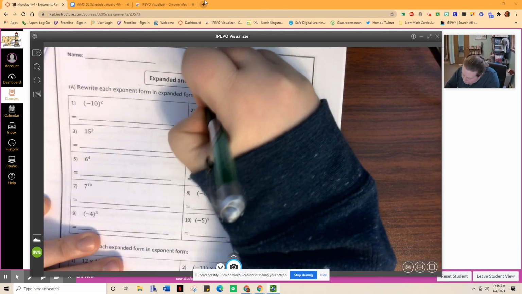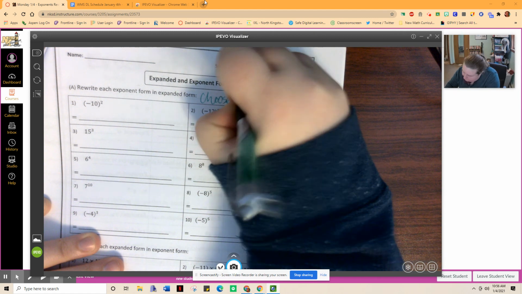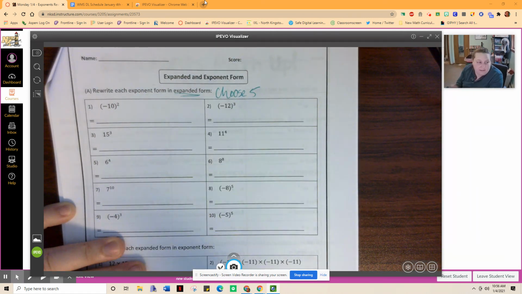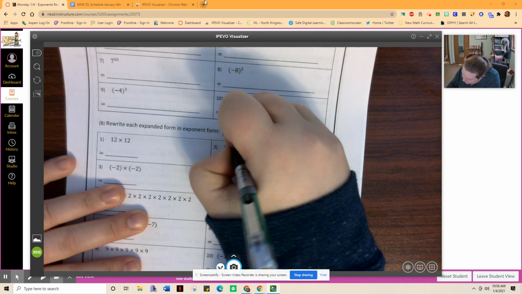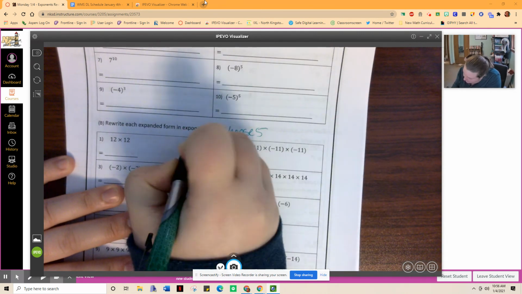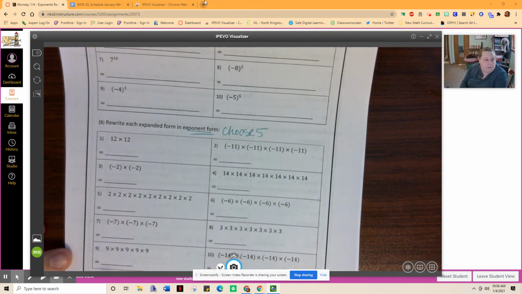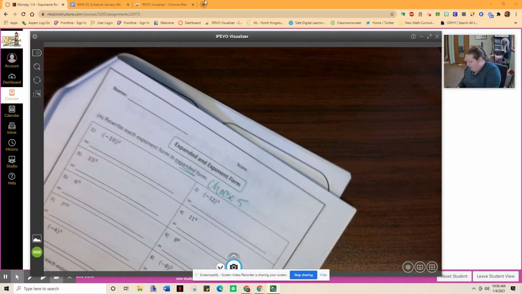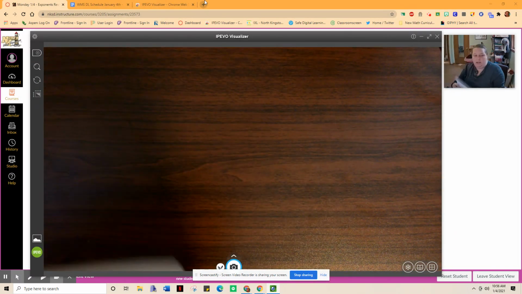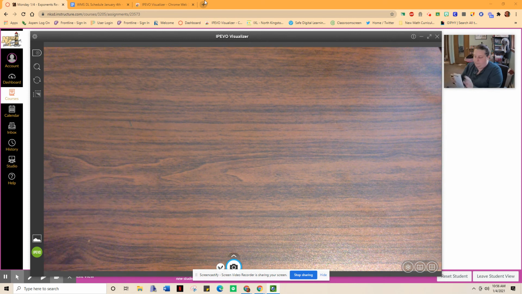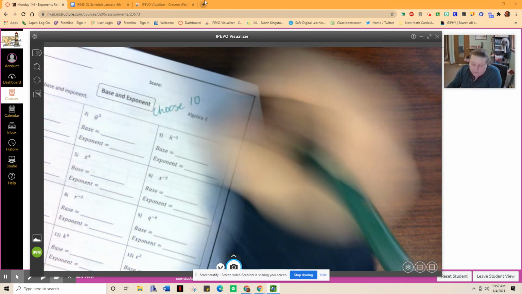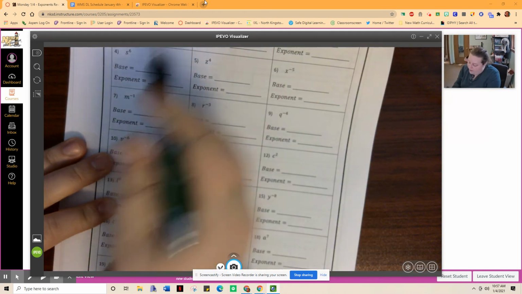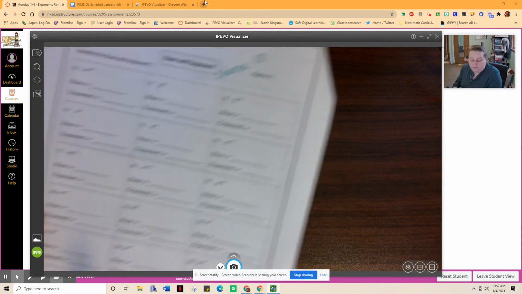In section A, you're going to choose 5, writing them in expanded form. Part B, you're also going to choose 5 and rewrite them in exponent form. And then on page 8, the next page behind it, you're going to choose 10. So you're going to write the base and exponent in each of these.